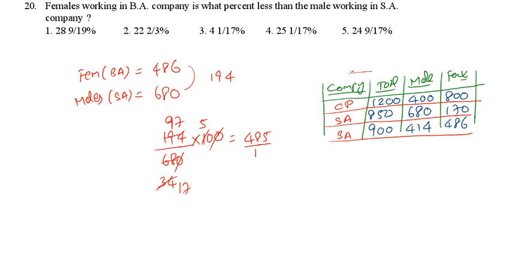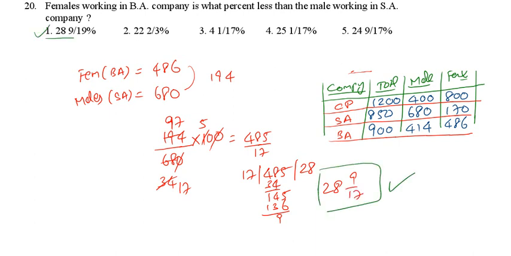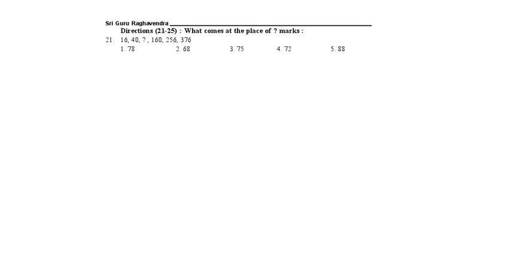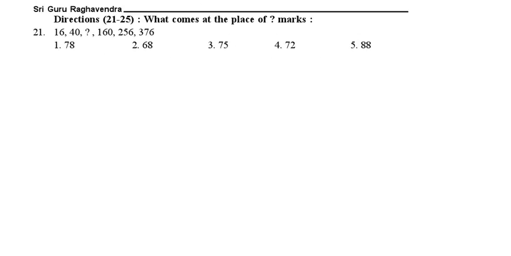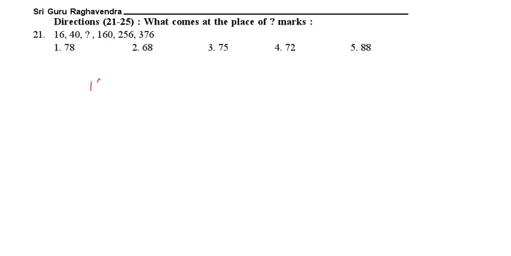First, males in CP, I am taking as 100. Males in BA is 3.5% more, so that is 103.5.